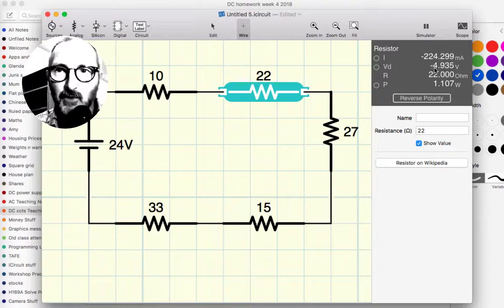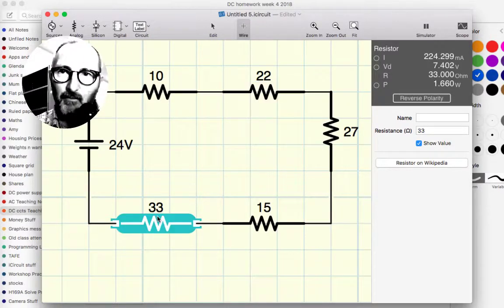It's got a voltage dropped across it of 4.935 volts, resistance of 22 ohms. The power dissipated in that resistor is 1.107 watts.